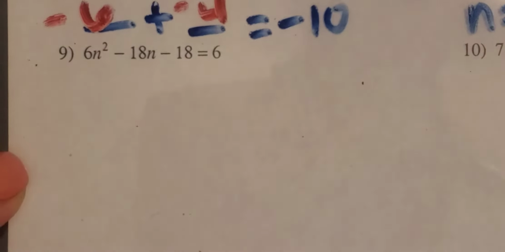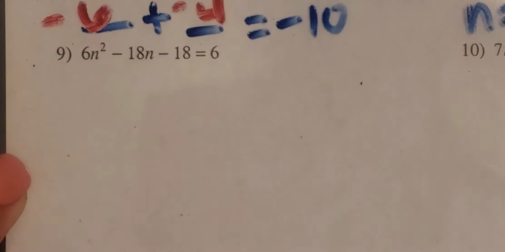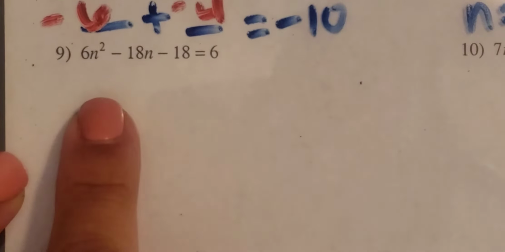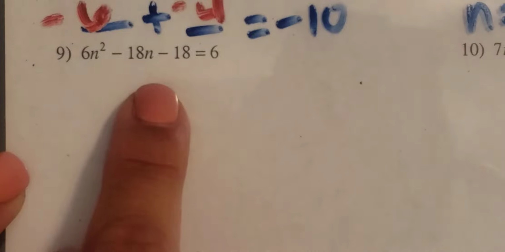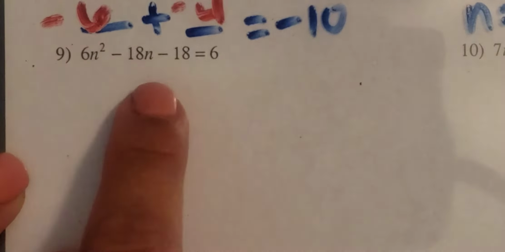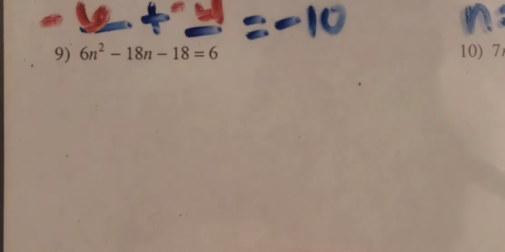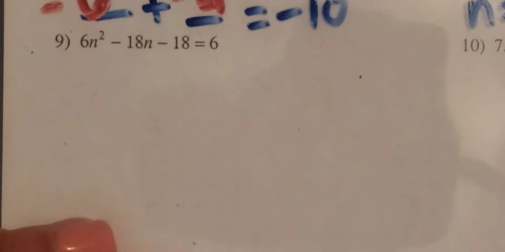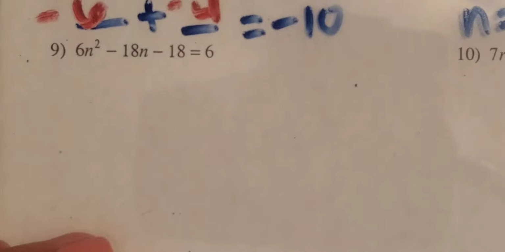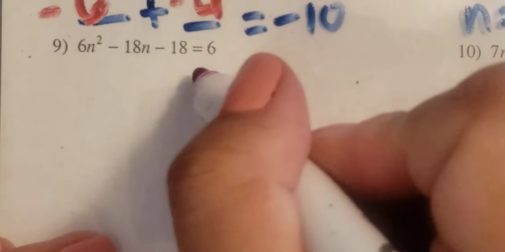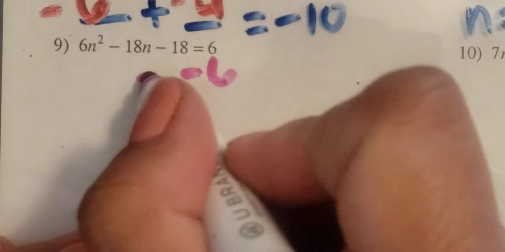The next one that I'm going to do with you is number 9. Number 9 reads 6n squared minus 18n minus 18 equals 6. Remember, as I previously stated, you want to make sure that your equations are always equal to 0. So we're going to subtract 6 from both sides.